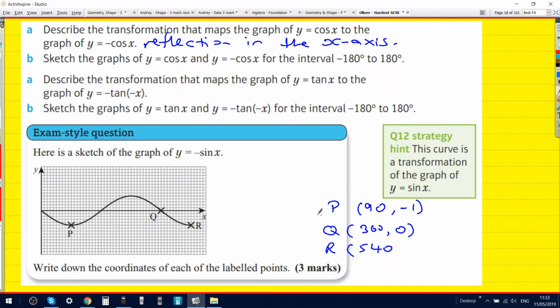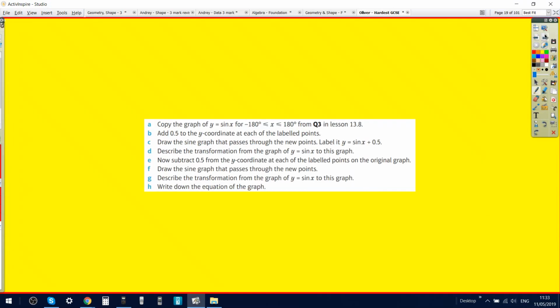I think it's 90 plus 360, is it? 450. 450 minus 1. Yeah. So this is repeating. Same y coordinate.